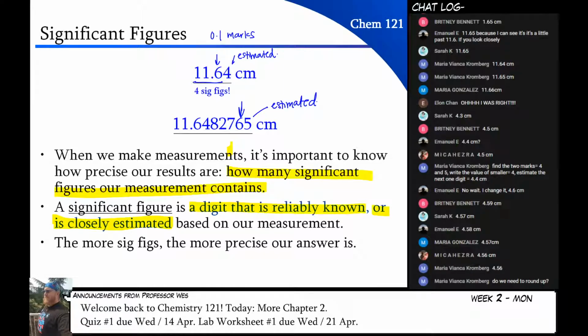The last digit is the estimated number. All the other numbers are known based on the device or tool that you were looking at. The other way that we would know that this is a more precise number is because there are 9 digits written there. If I know very, very precisely about this specific measurement, I can write down that many more digits.